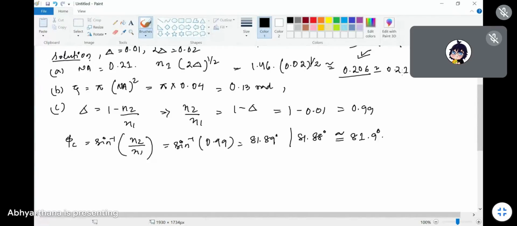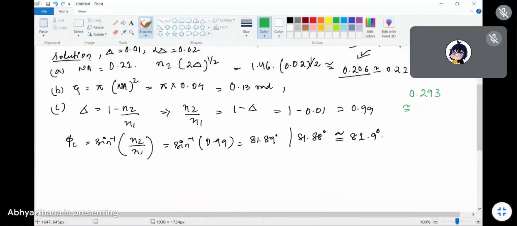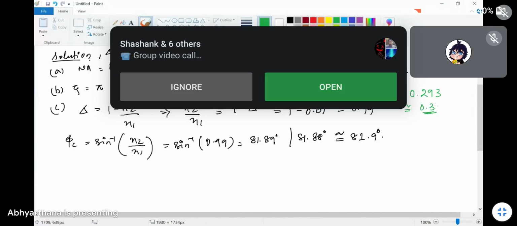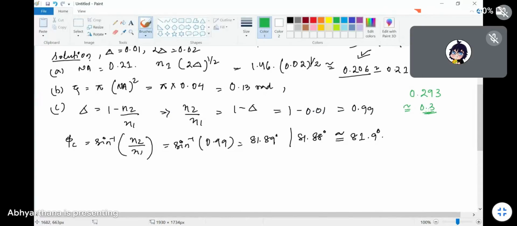So we approximated it to 0.21. Let's say you got a value of 0.293. You would not approximate it as 0.29. You would have approximated it as 0.3. Or let's say it was 2.8, in such circumstances, you have to approximate in that manner. Okay, so please keep that in your mind.